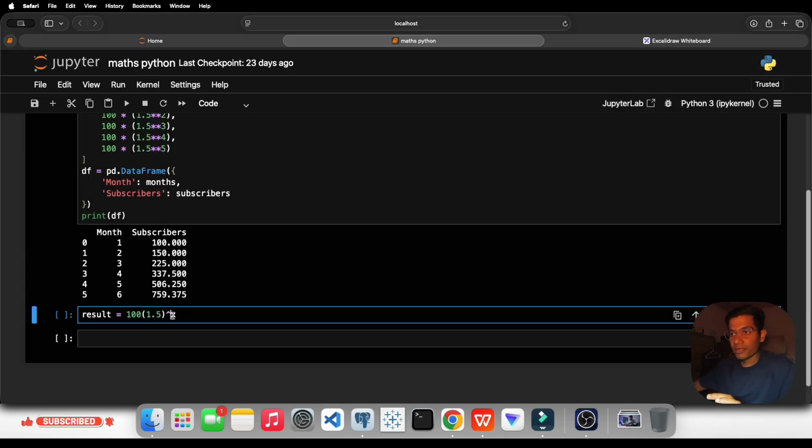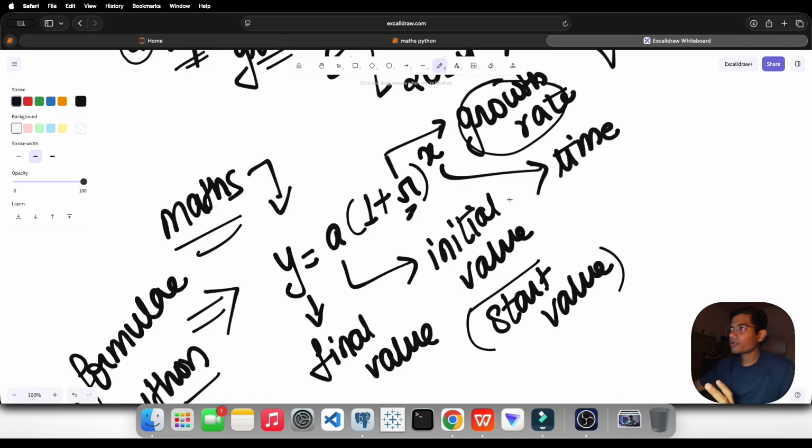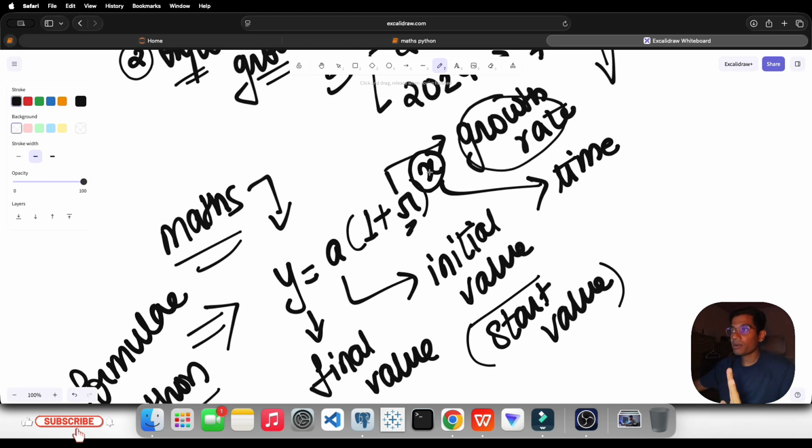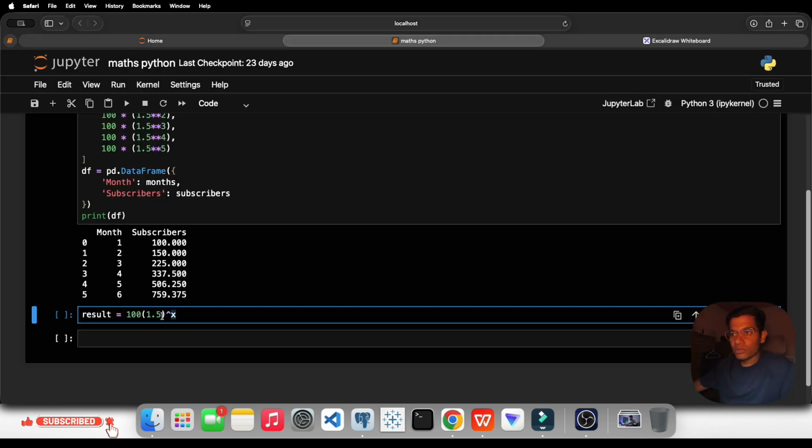And here I want the time. Obviously because it is to the power, I want the time. In the formula it is like this, to the power. Double star mark means to the power. And I will say to the power of time.